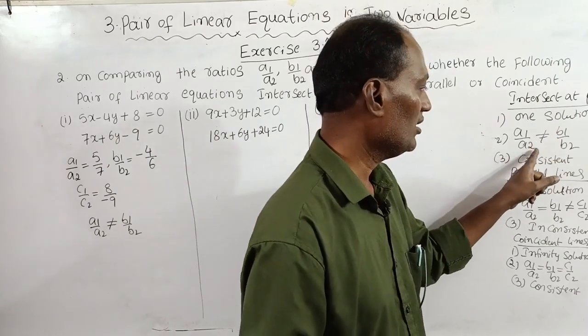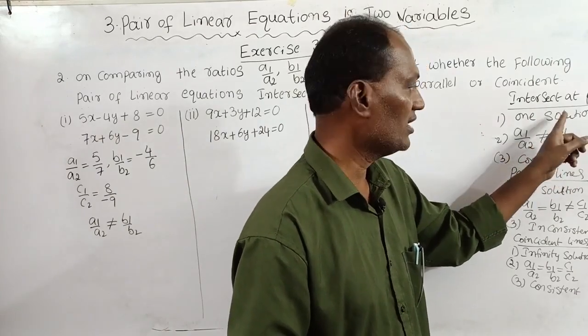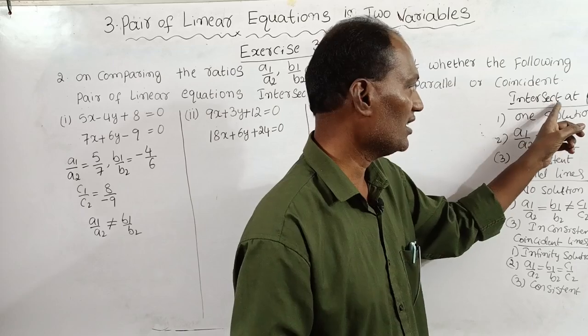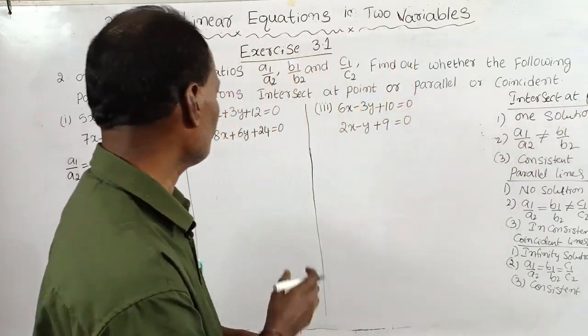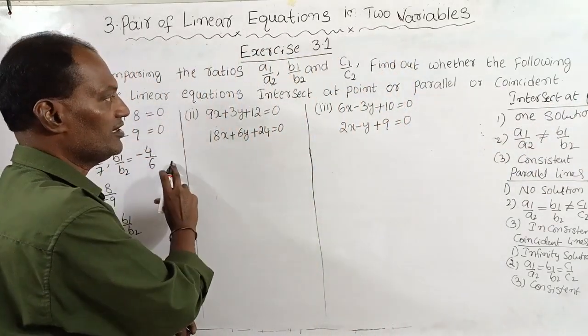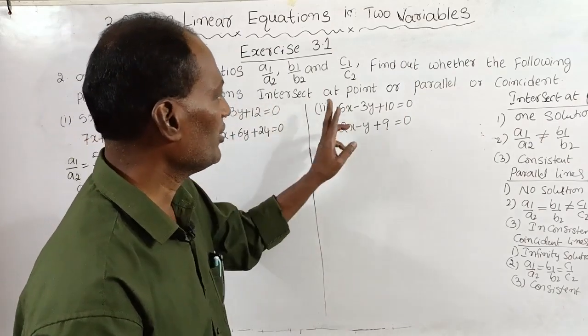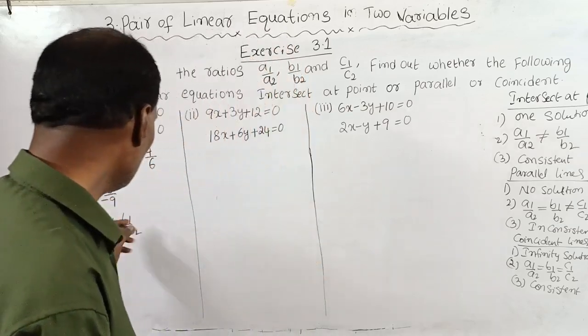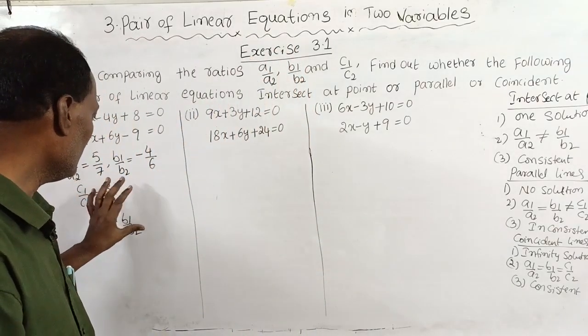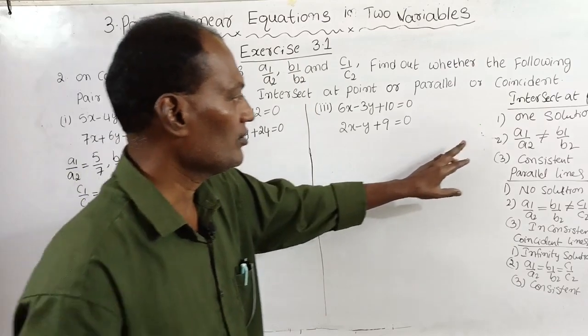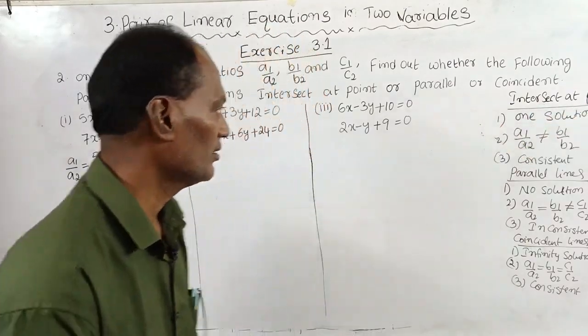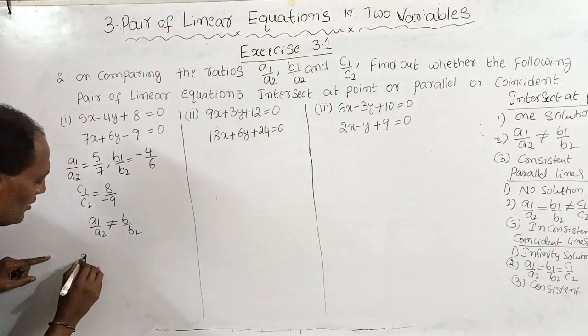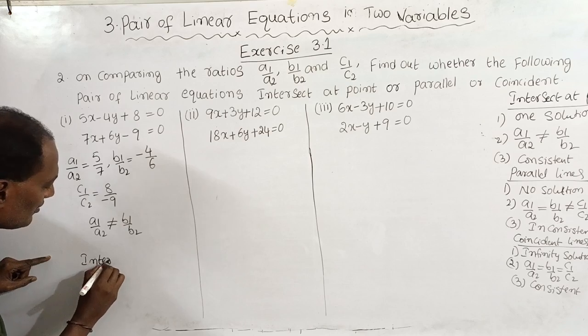We can say this is intersecting at a point. What they are asking is what type of equations, intersect at point, parallel or coincident. From these values, it is suitable to say intersect at point. This answer is intersect at point.